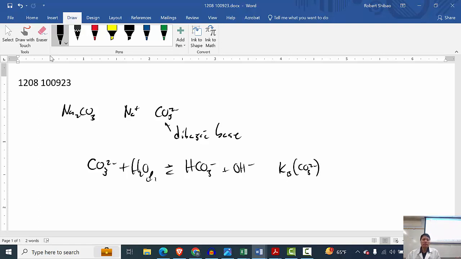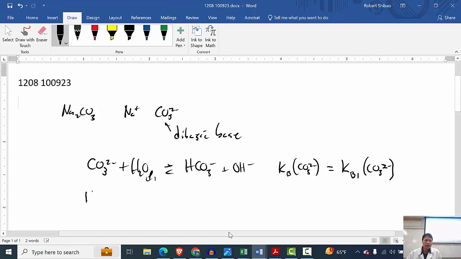Even though it's capable of accepting two hydrogens, we only accept one hydrogen at a time. Kb for carbonate is also called Kb1 for carbonate. And so it's the first proton acceptor for this system.